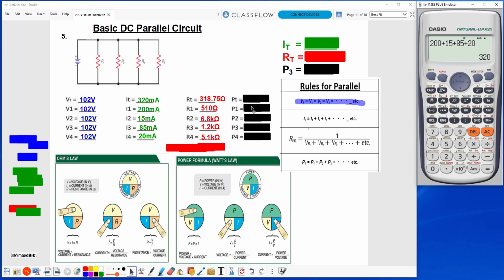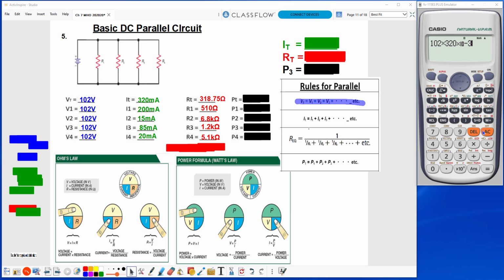Okay, now we're going to do power. PT is equal to IT times VT, so I have 102 volts. That's my V. I'm going to multiply it times 320 milliamps. All right, so PT is equal to IT times VT.